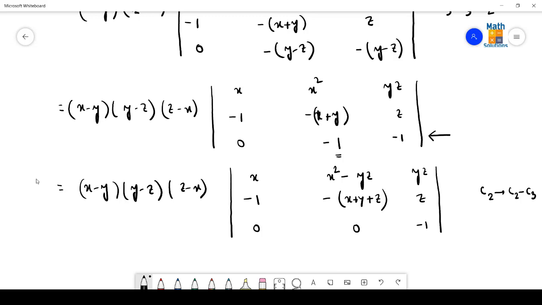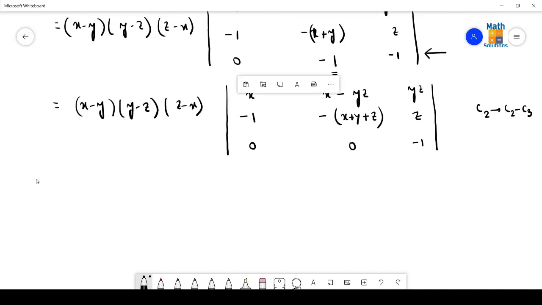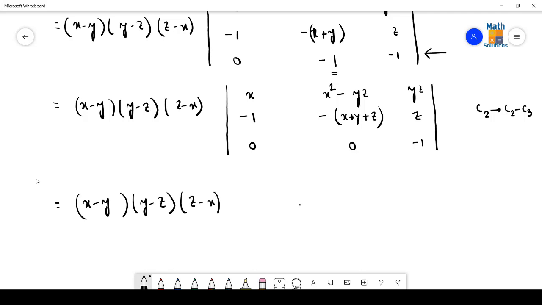Then after we can perform expansion along R3. When expanded along R3, what shall I get? x minus y whole into y minus z whole into z minus x. When expanding along R3, for this term the result will be 0, then followed by this second term. Here also everything will turn 0. The left term is minus 1.